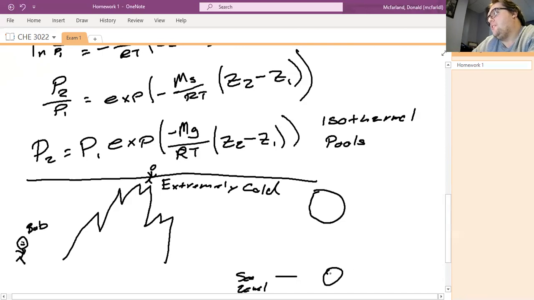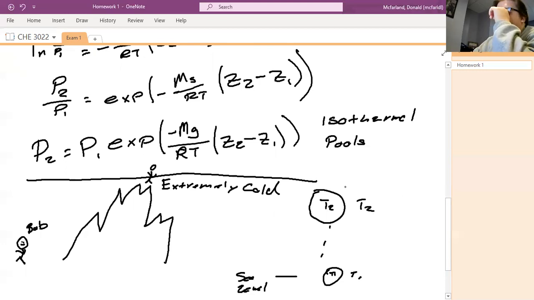The temperature inside changes relative to the temperature out here, and that's why he's feeling so cold up here. Heat is not being exchanged here. What's happening is work is being done on the surroundings. So the system is losing energy, and to account for that, the temperature is dropping. Work on surroundings.